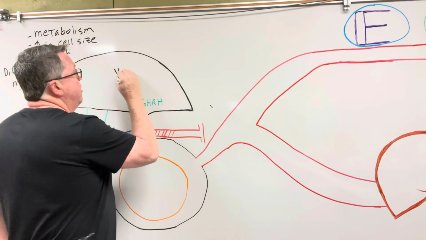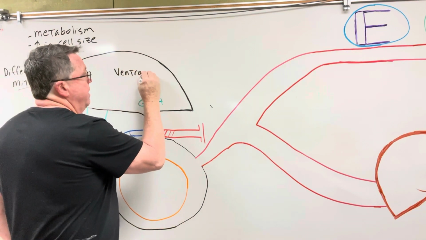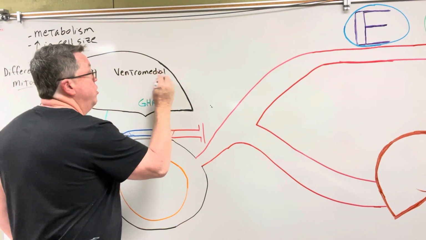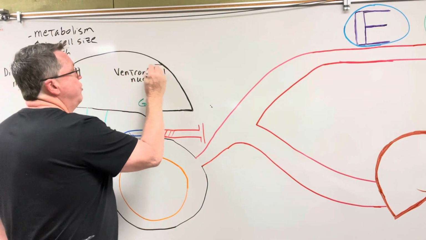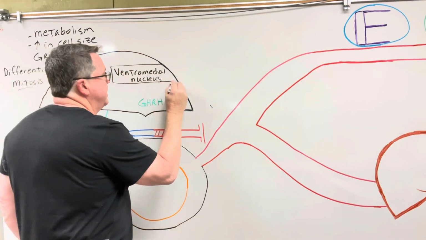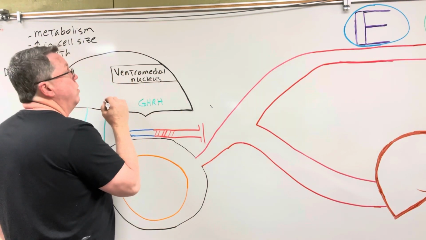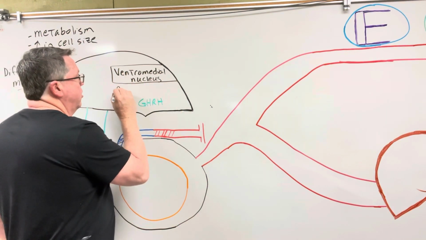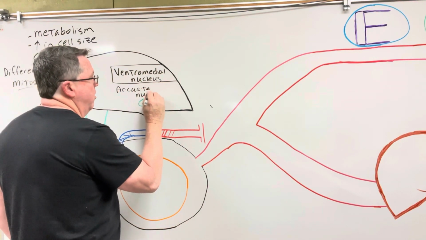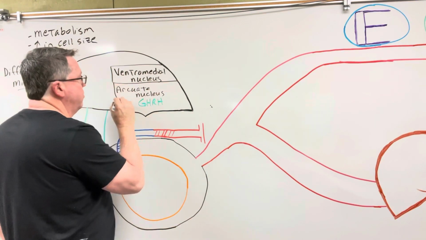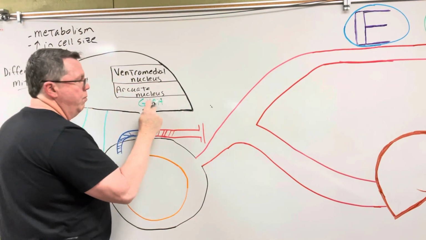The first one we call the ventromedial nucleus. And remember, a nucleus is a bundle of cell bodies in the central nervous system. The second one is the arcuate nucleus. So these two are going to secrete growth hormone releasing hormone.